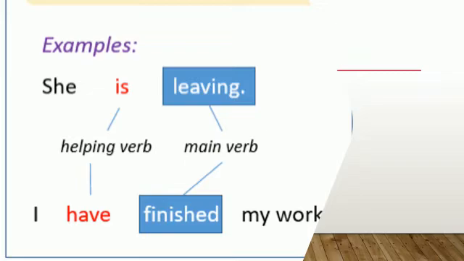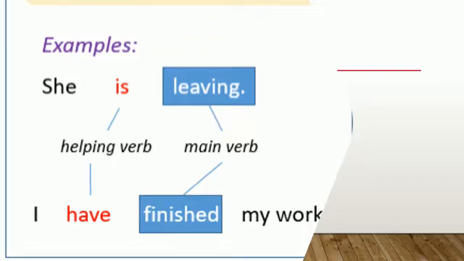Now, a main verb is a verb that expresses an action. It gives the major information in terms of nature of the action. Now, for example, she is leaving. The word leaving is the major part of the sentence. So, we are only taking the help of is to make that a proper sentence.